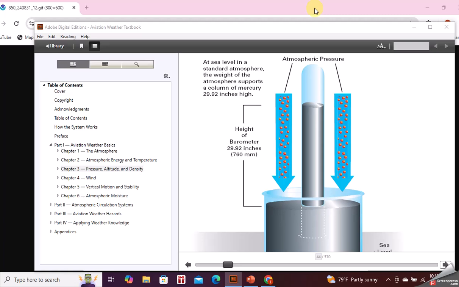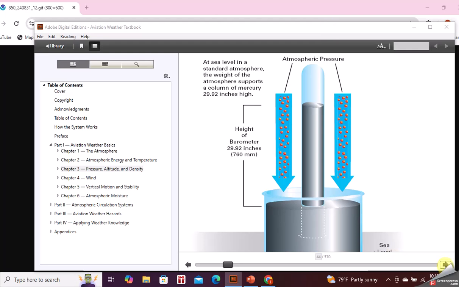There's going to be some level at which it stops, a height. That height we used to measure as the inches of mercury. It is a pressure. That height changes depending on the day, depending on weather conditions. But that change can be very, very valuable in determining what the weather is going to do.